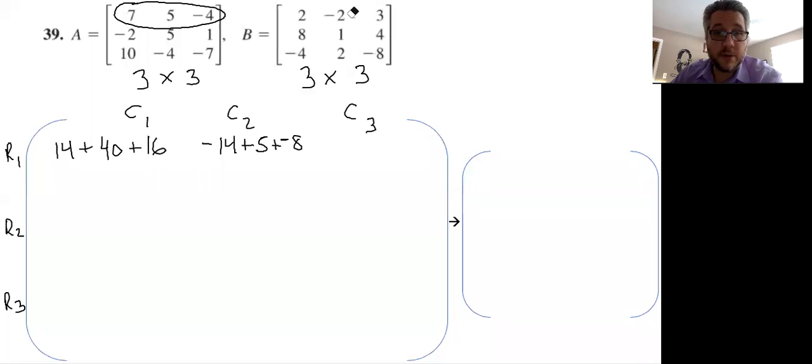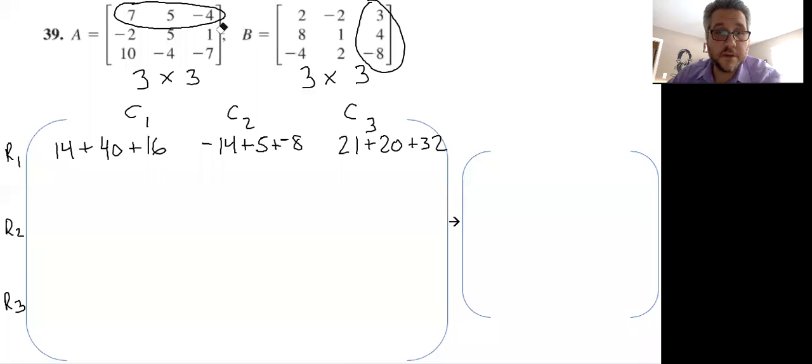Now we're still on row 1, but we have to multiply now by column 3. So we've got 7 times 3 is 21, plus 5 times 4 is 20, plus -4 times -8 is 32.